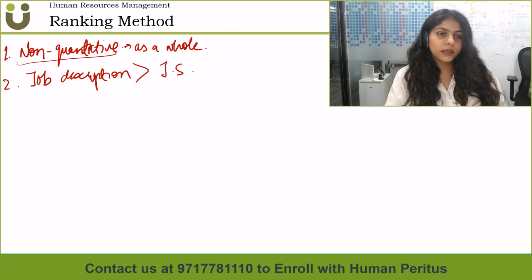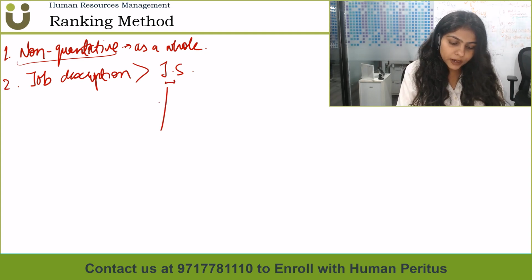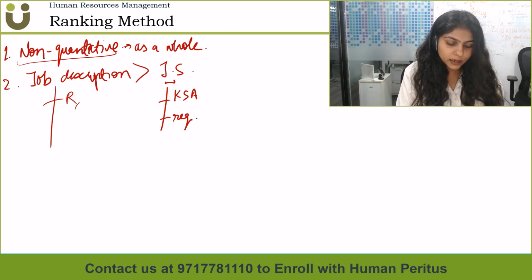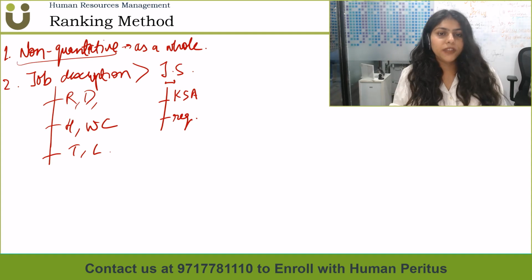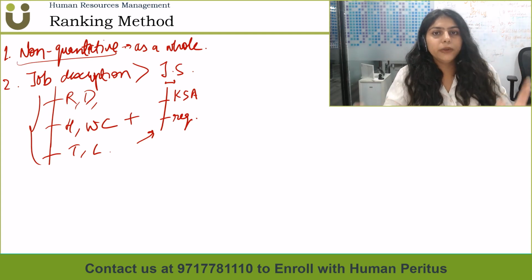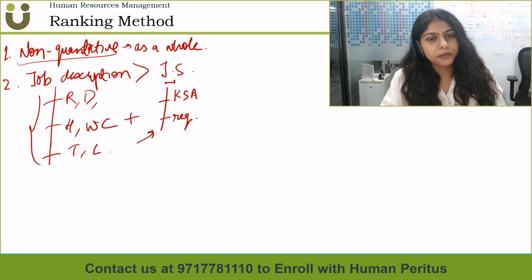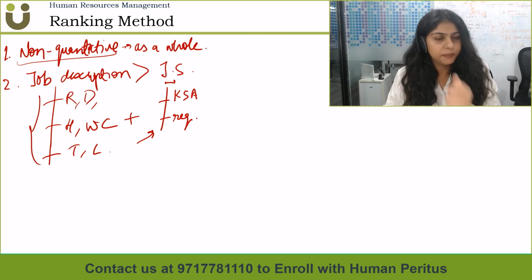The reason is that the job specification will only include the KSAs and the requirements, but the job description will contain roles, duties, hazards, working conditions, title, location, all of that. So while evaluating a job, the job description will always be preferred over the job specification.